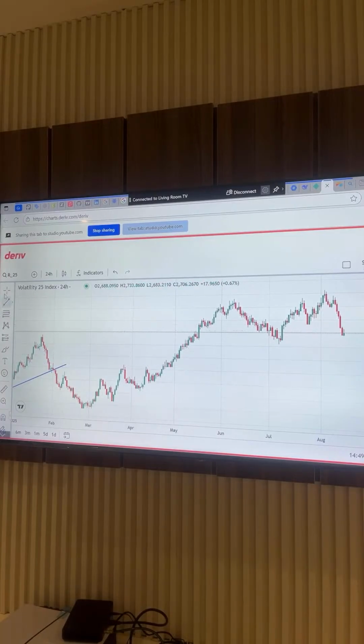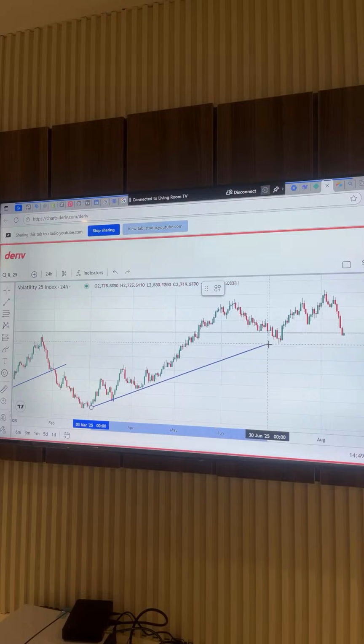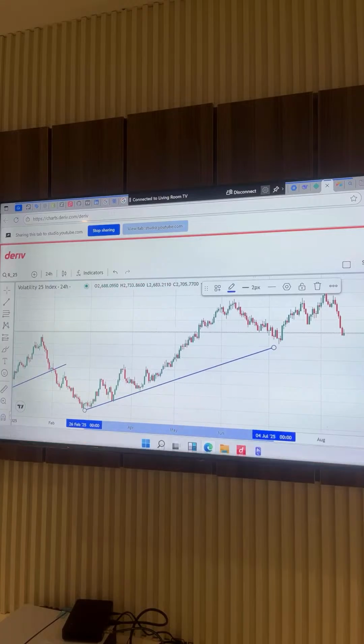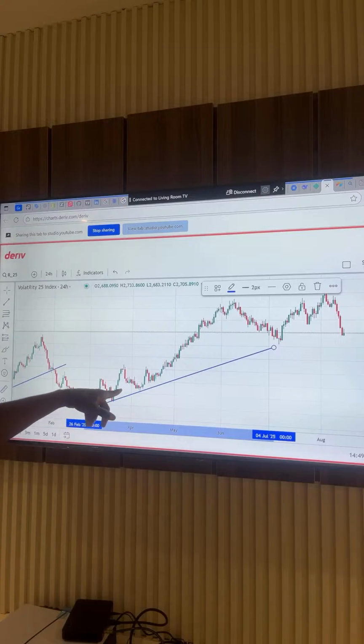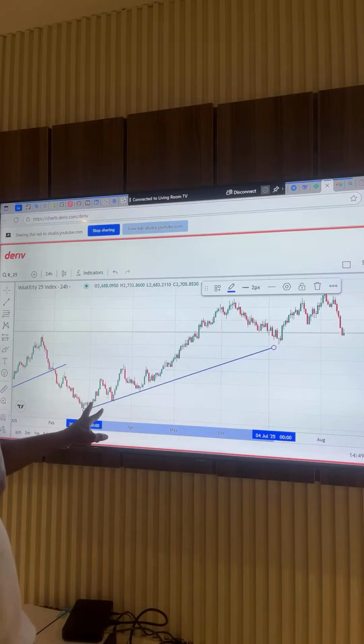Let's draw a trend line. Make sure you start from the tip of the candlestick. So I started from the tip of this candlestick because this was when we noticed the market forming an uptrend, so we started drawing from here.